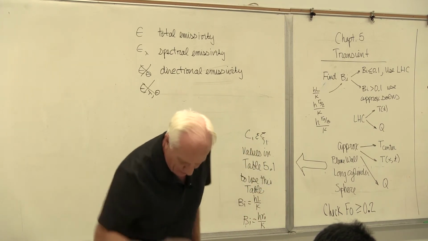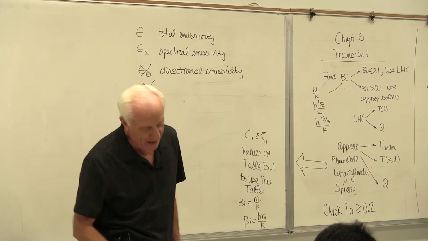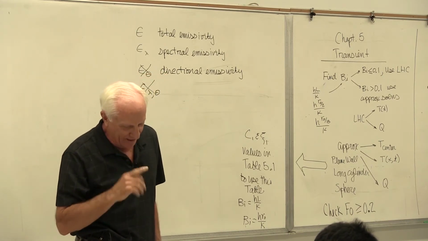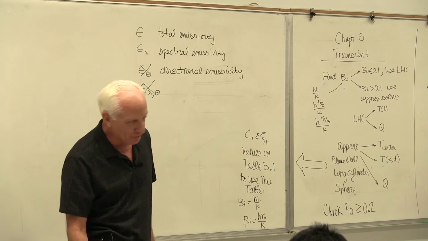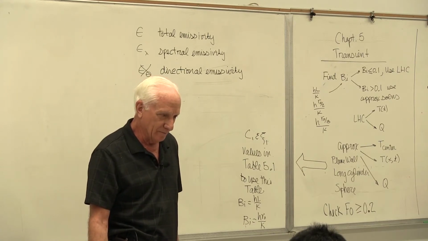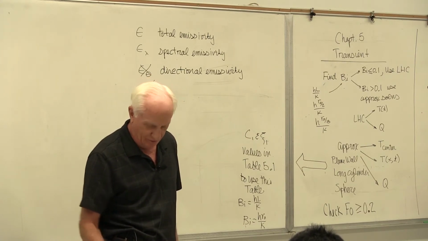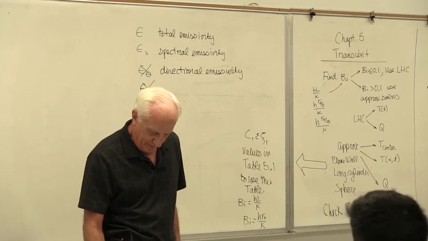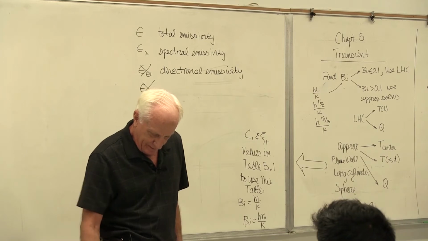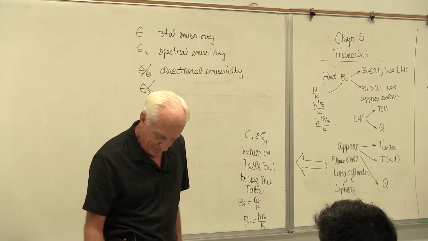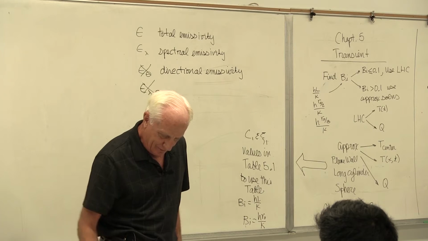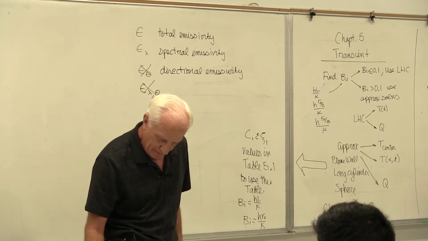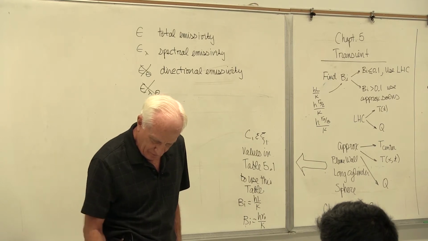Okay, let's go through. Anytime you see the word directional, no. Intensity, no. Example 12.1, no, don't read it. It talks about intensity, no. Let's see where 12.2 is here. Oh, here it is. That's 12.1.